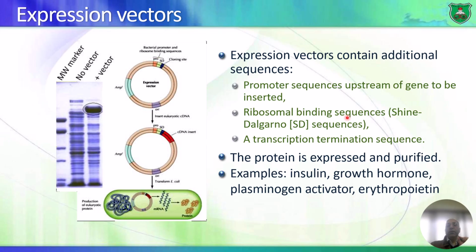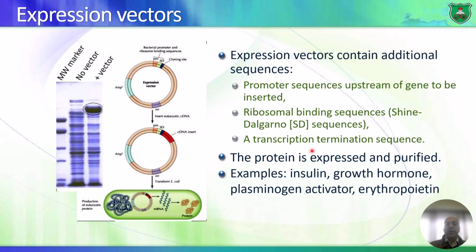This is the sequence where the small ribosomal subunit binds to. Remember that? So go back to the transcription lecture. So I need this sequence, the Shine-Dalgarno sequence, the SD right here. Okay, I need that. And remember, we need a transcription termination sequence, not a stop codon.